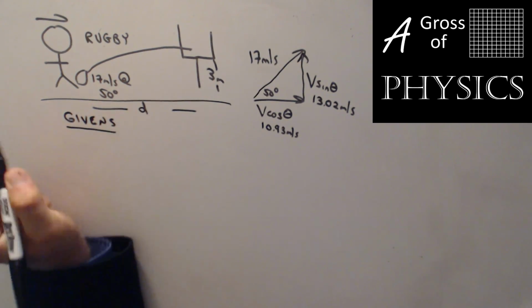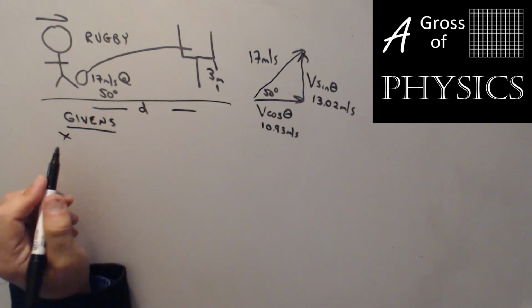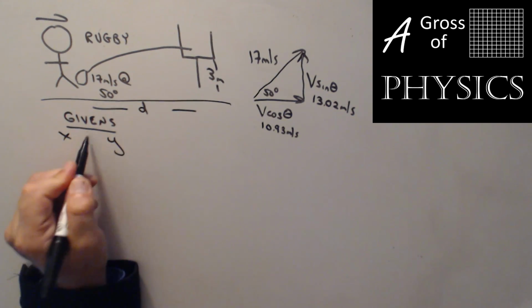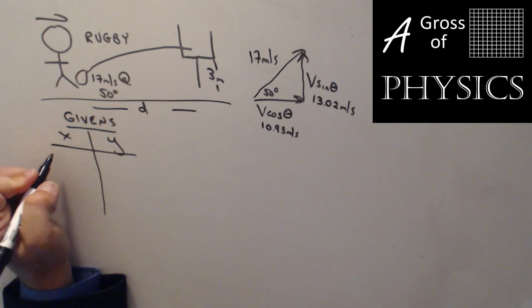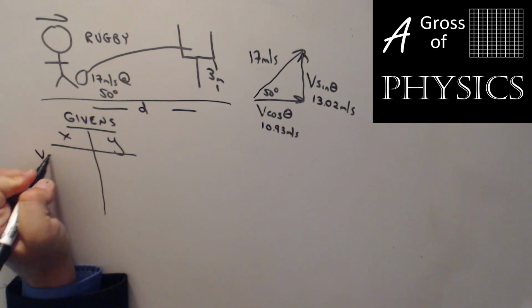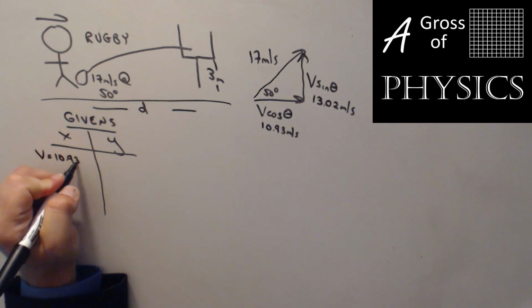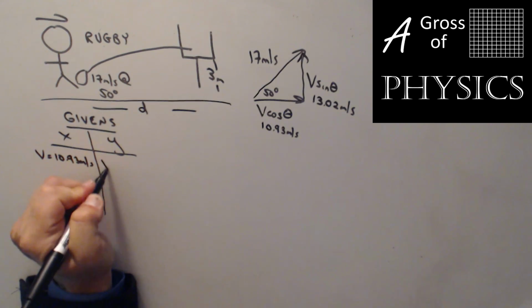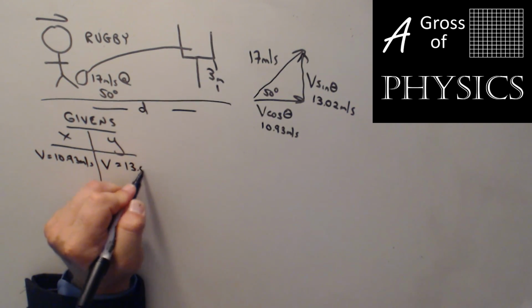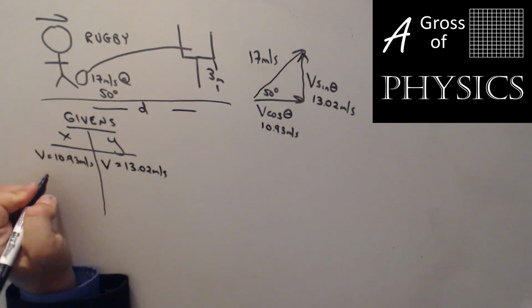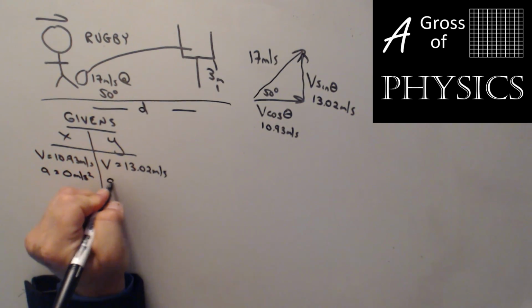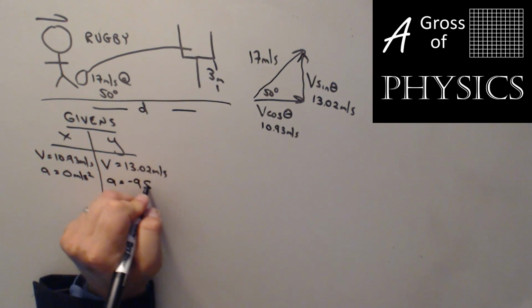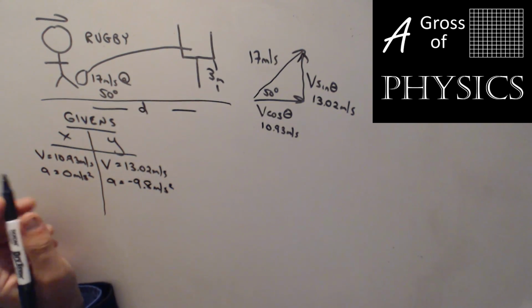All right, so then what we do in this case, as we've done before, we set up our givens list. We have our x and we have our y. We'll start with v in the x, which is 10.93, v in the y, which is 13.02, a is 0, a is negative 9.8 for the x and y.